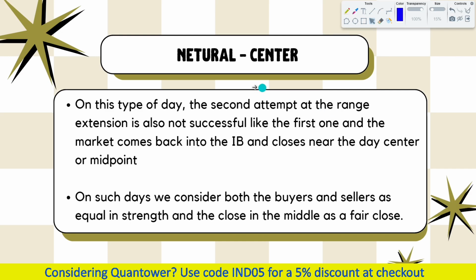On this type of day, the second attempt at the range extension is also not successful like the first one, and the market comes back into the IB and closes near the day center or midpoint. On such days we consider both the buyers and sellers equal in strength, and the close in the middle as a fair close. So let's also see the other variant. Thereafter we try to identify both variants in quant hour.